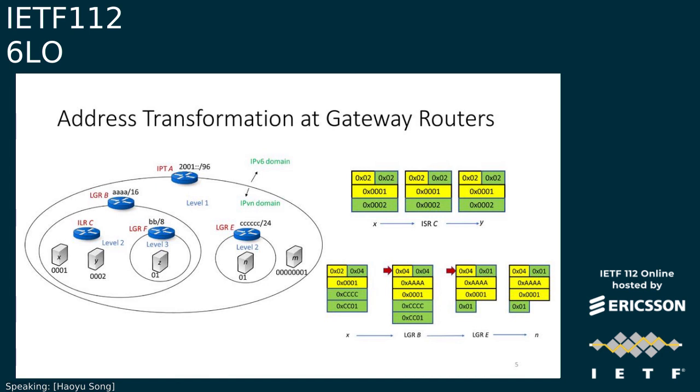At this router, it will augment the source address with this prefix. On the right side, you can see the example here. The source address changed. Now the source address and the destination address have the same length.